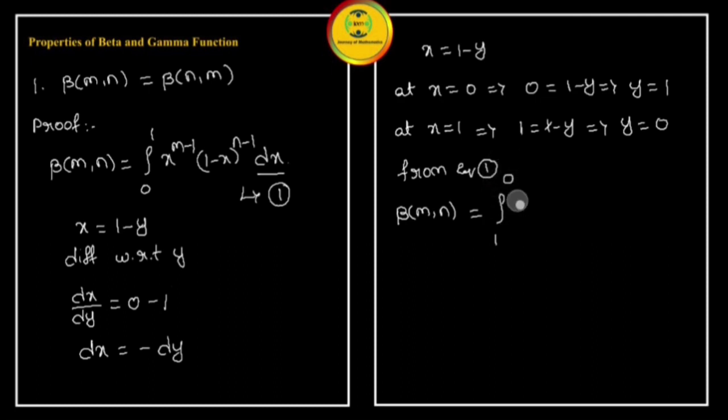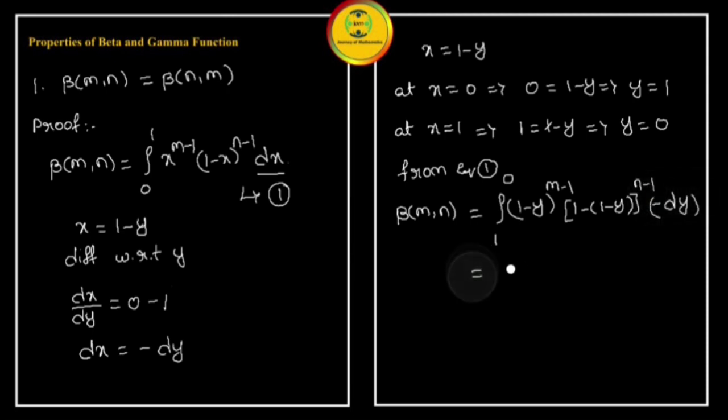The x value I can replace as (1 minus y) whole power m minus 1, into 1 minus x means 1 minus of (1 minus y), whole power n minus 1. The dx value I can replace as minus dy.